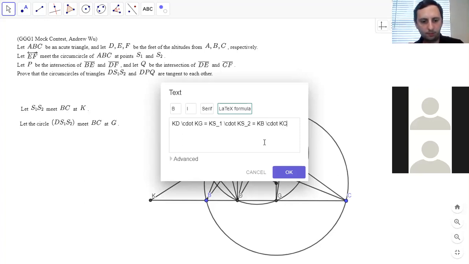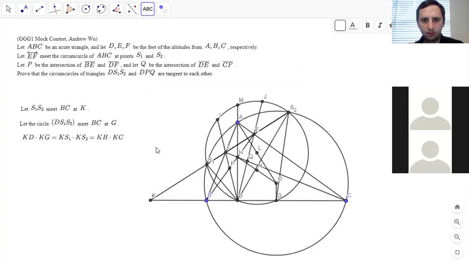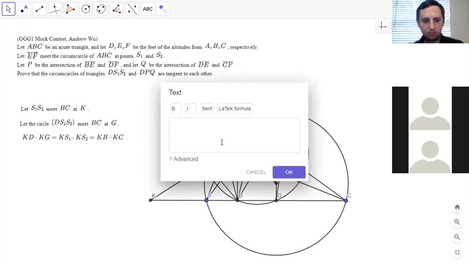And since K, B, D, and C are in harmonic conjugation, that means that G is the midpoint of BC.